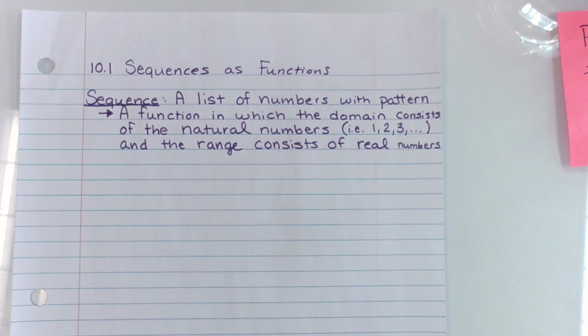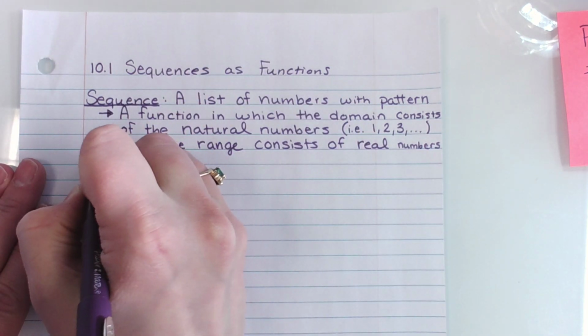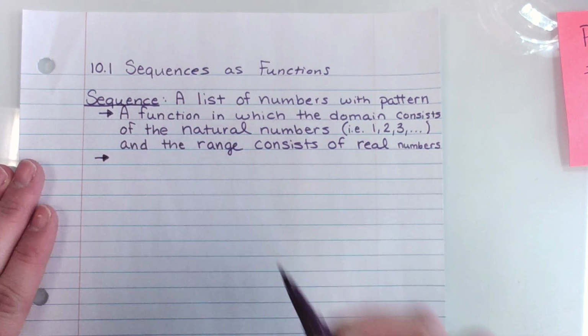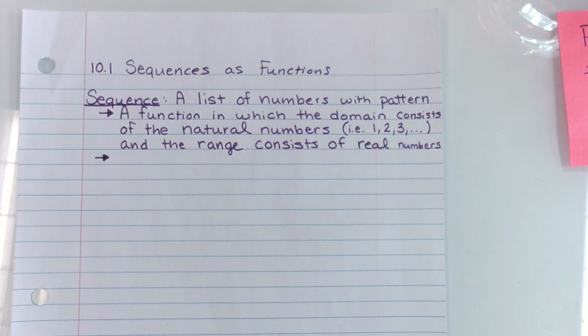So, now this tells us that when we're working with a sequence, that piece where it's said to be a function, we can write an equation, and at some point we will.